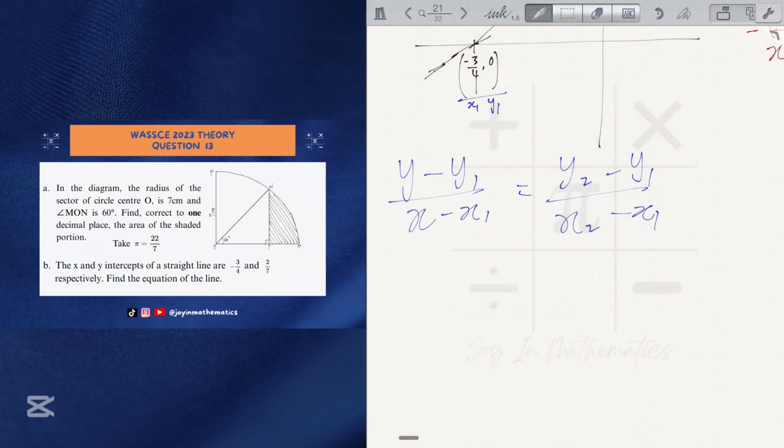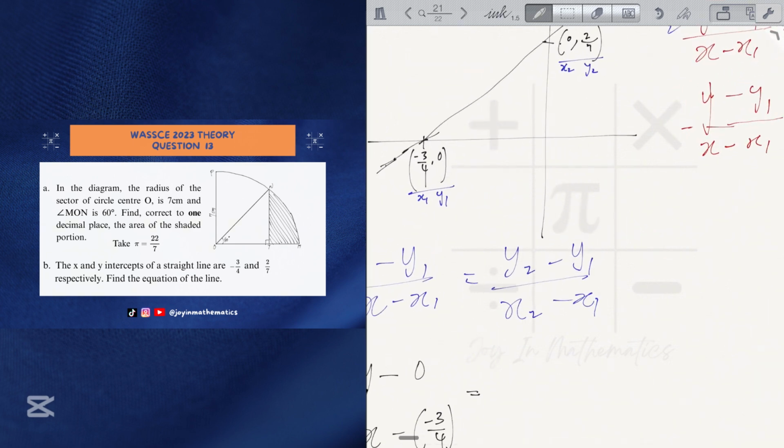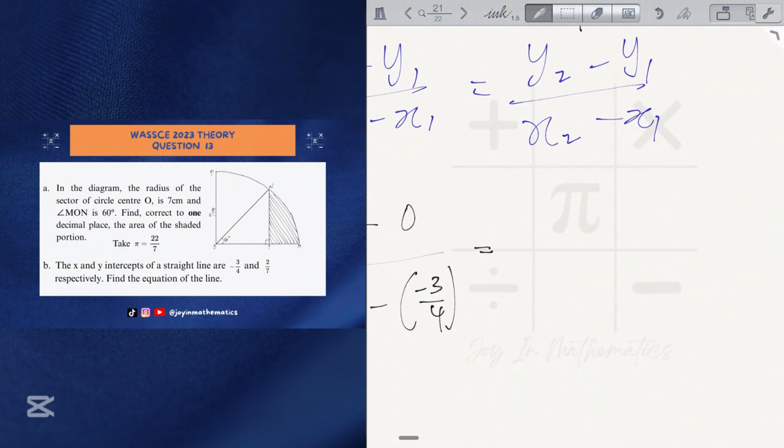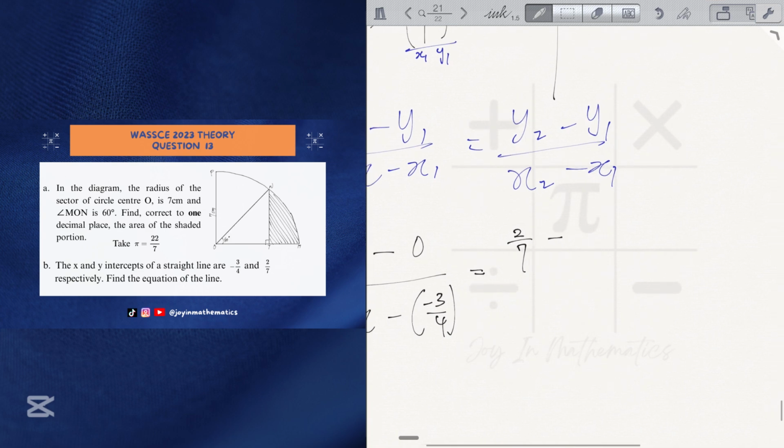So let's begin with x1, y1. Anywhere we see y1, we put 0, just as we have here. And everywhere we see x1, we put minus 3 over 4. So this will be y minus 0 over x minus minus 3 over 4 is equals to y2, which is 2 over 7, minus y1, which we evaluated to be 0, as we have here.